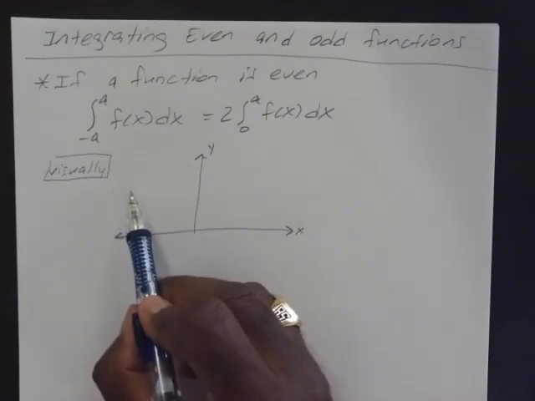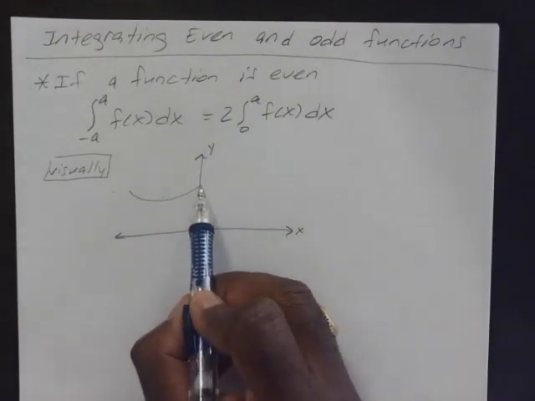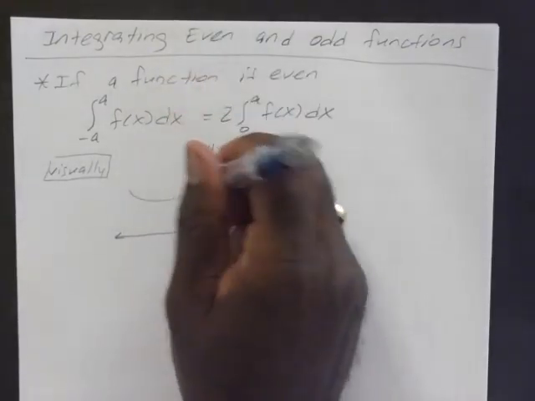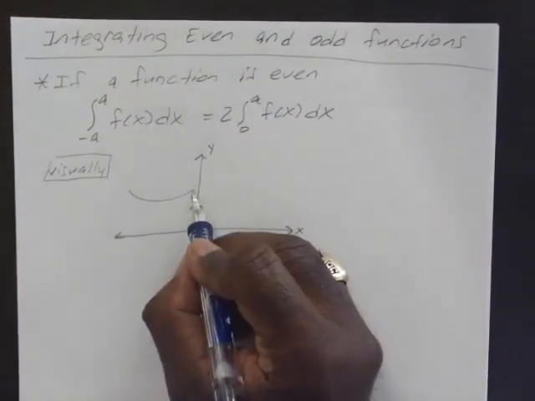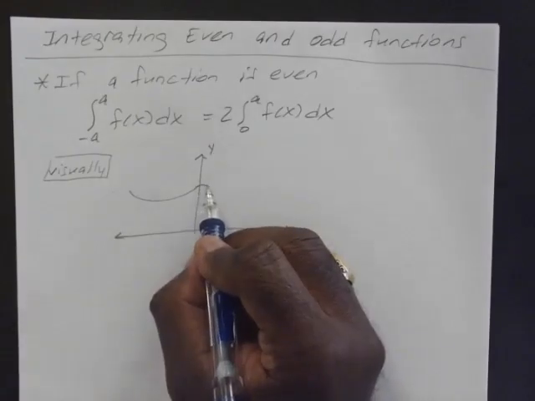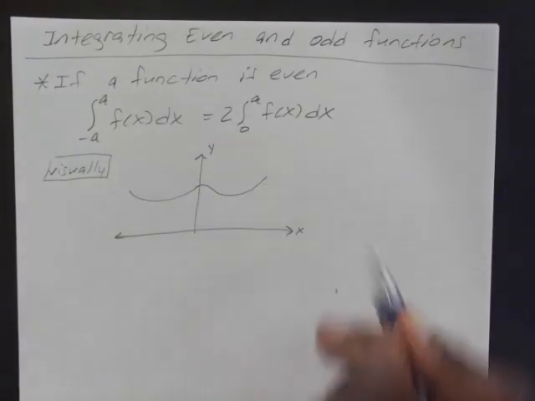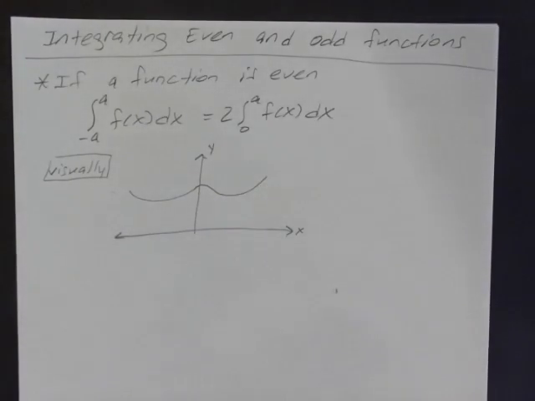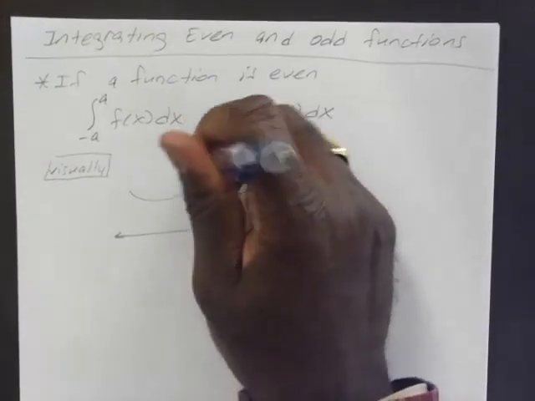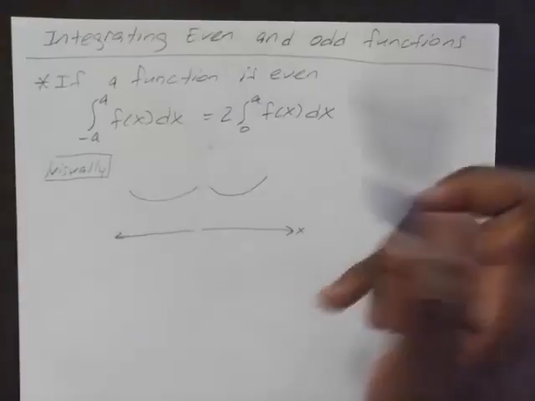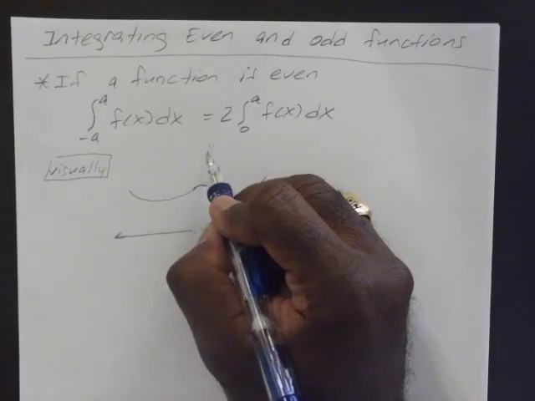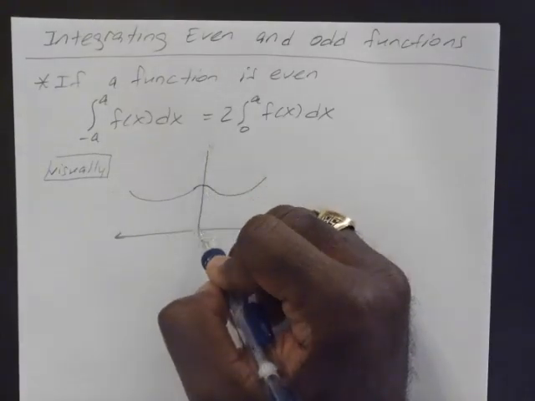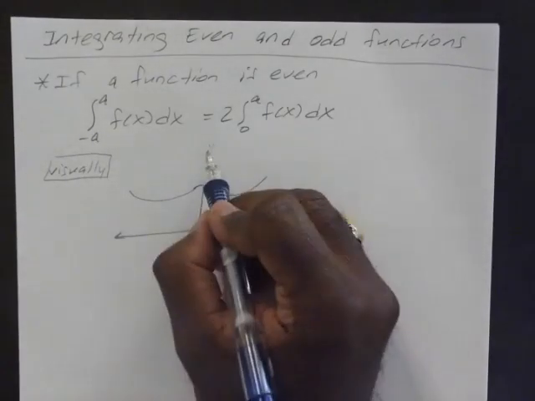Okay, so let's say we have, try to make that as visually accurate as possible, and move that over just a little bit to actually look symmetric. There we go.